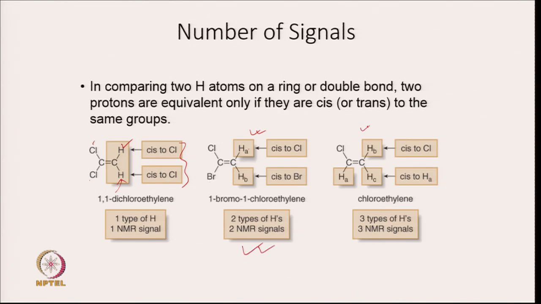In this compound, you see this HB is cis to this chloro group, whereas HC is cis to the HA group.